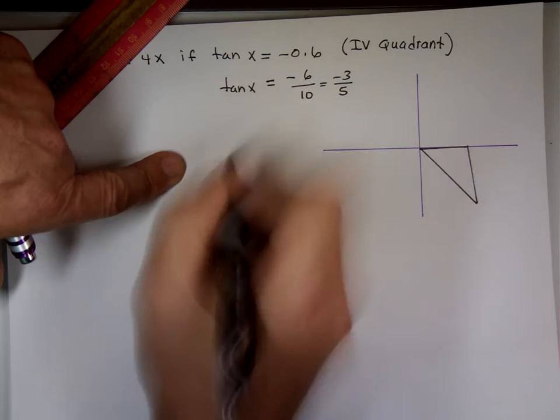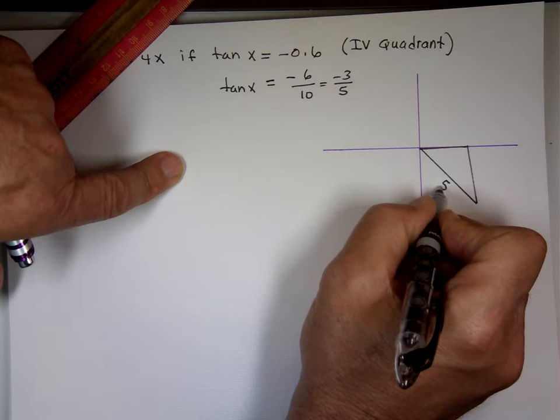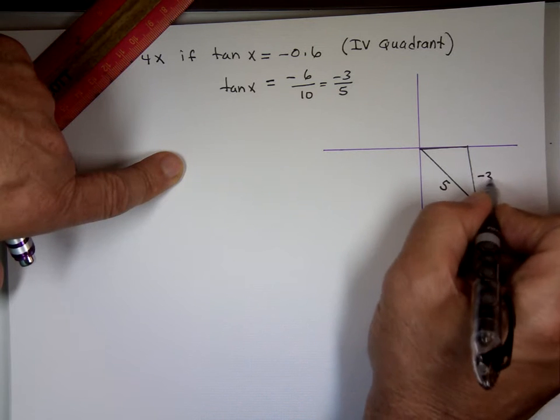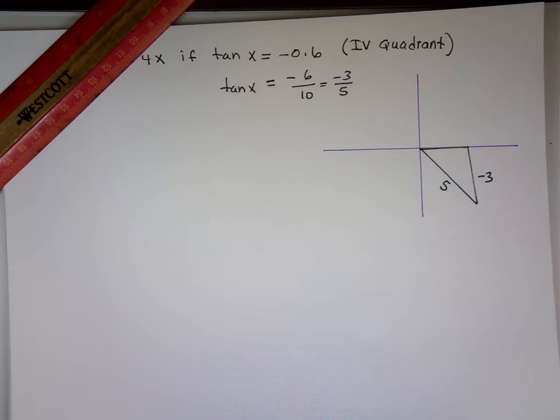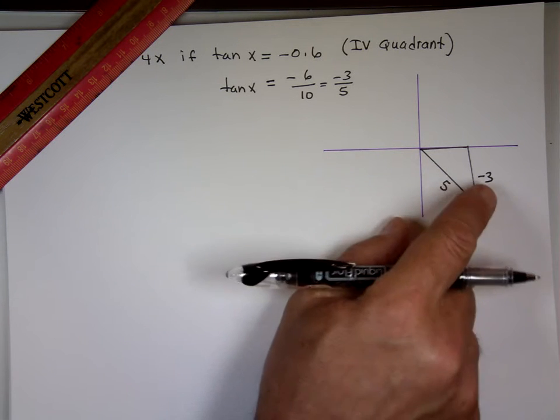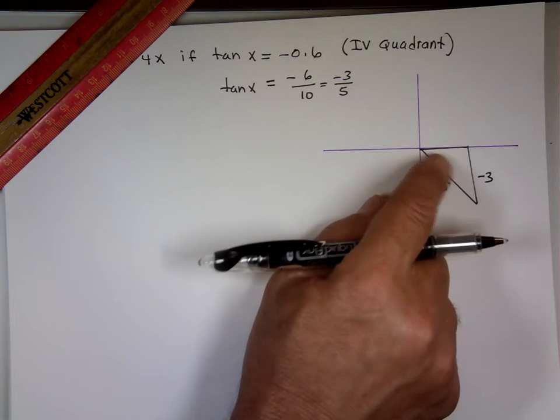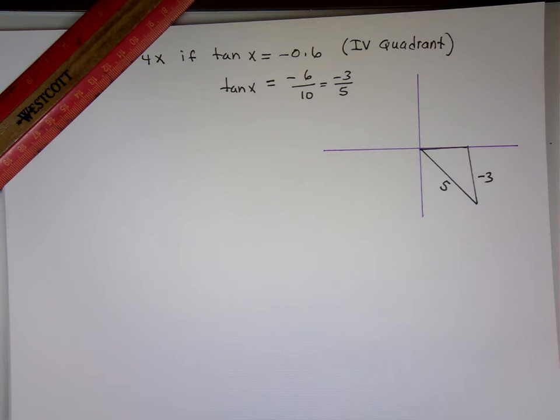So this is the 5. That's the negative 3. The hypotenuse will never be negative. If you have 3, 5, what does this side have to be? It has to be 4. But is it positive 4 or negative 4? Positive, because you're going to the right.